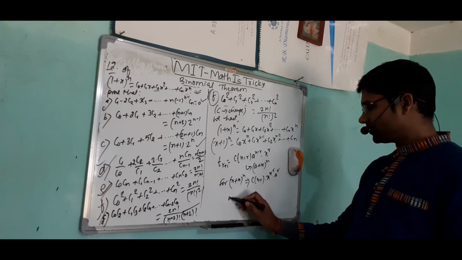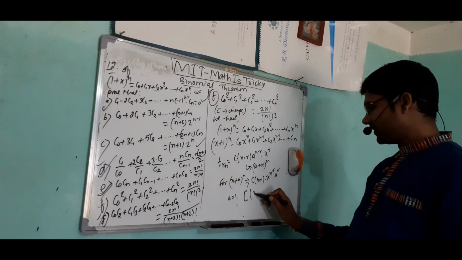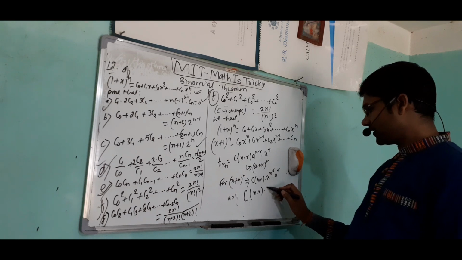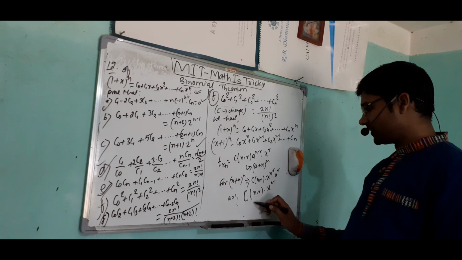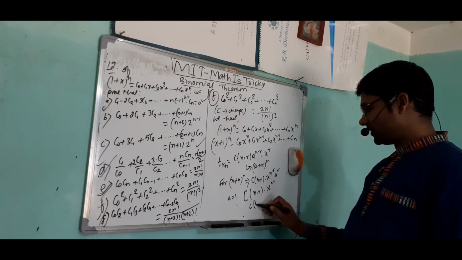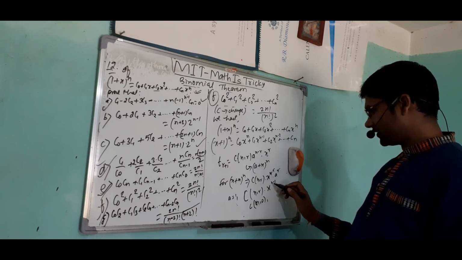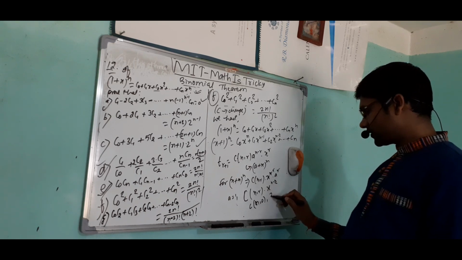So a equals 1, so it gives here C(n,r) and then x power n minus r. So what we write here? It means C(n,0), r is 0, x power n.